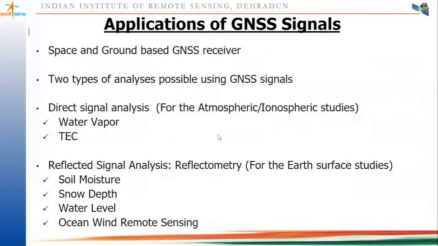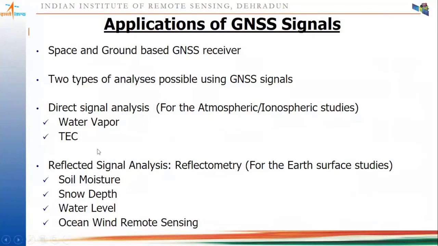So when we put the receiver onto such a satellite, it will also move globally, because the satellite is orbiting around the Earth. So global coverage will be there. But when we fix the receiver on the ground, only local information can be collected.